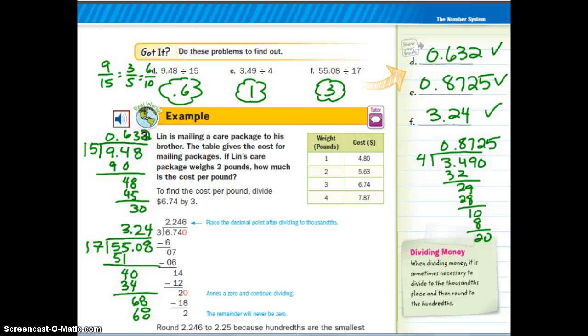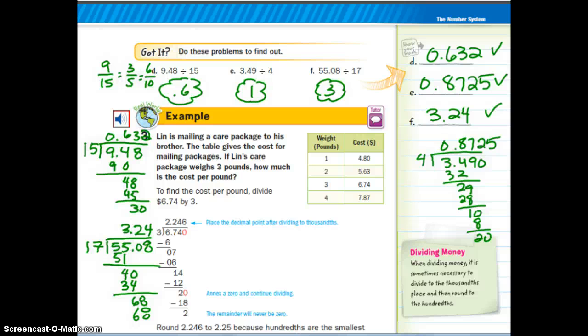So D is 0.632. I got 0.6. 0.632. Excellent guess. Number E, you get 0.8725. Notice that I had to keep adding zeros to get my answer here because I did not have enough digits. And I guessed 1, and that's close to 1. And number F, you get 3.24. I guessed 3, and again, I'm in the ballpark.